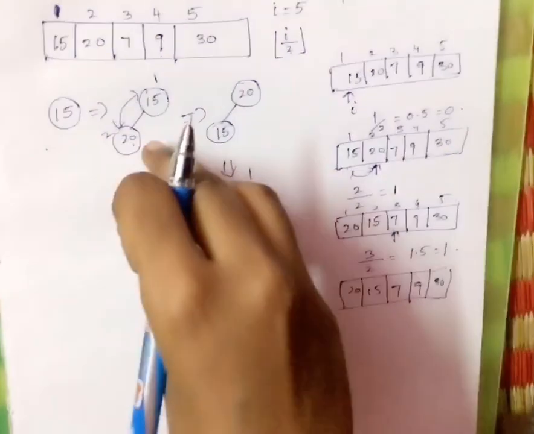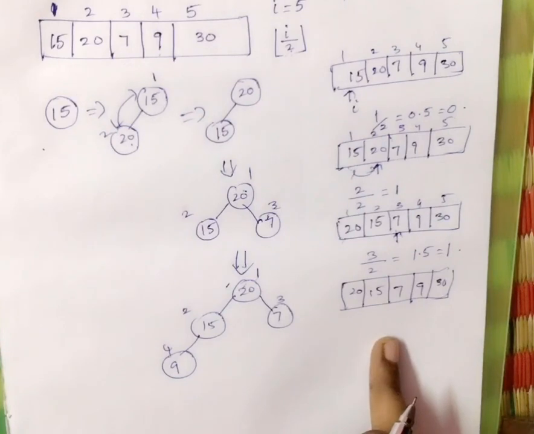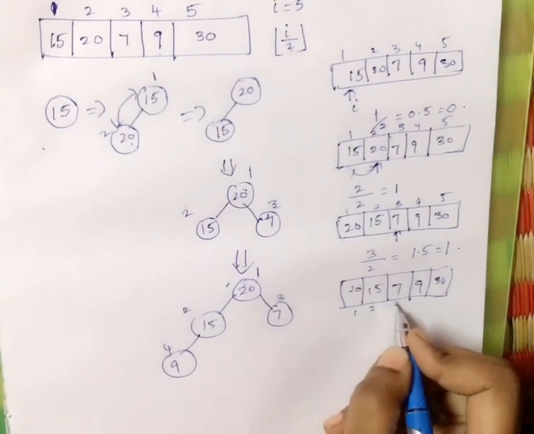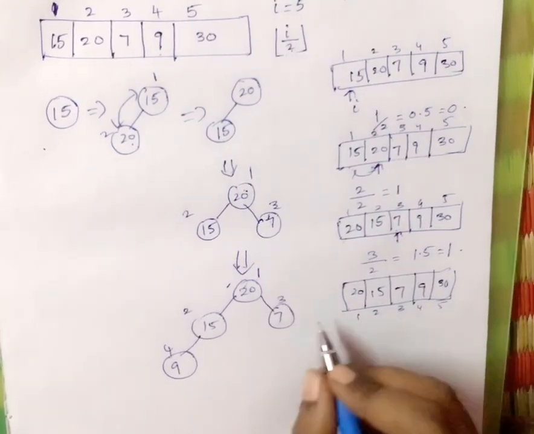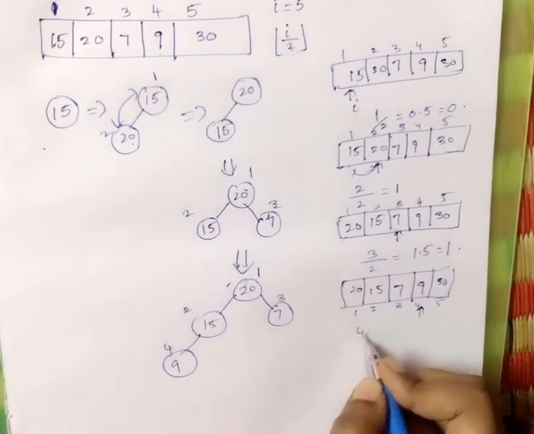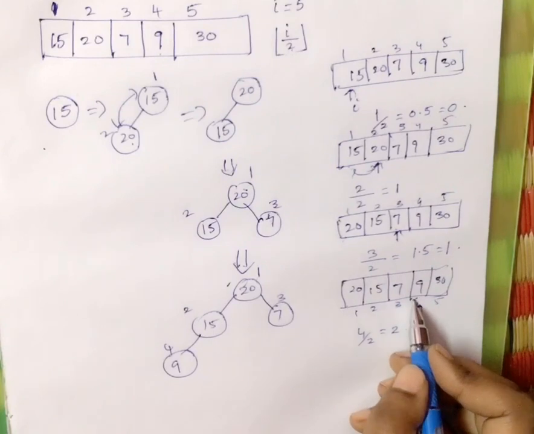So we are representing graphs in this array so that it will be useful for calculating in the program. Here 1, 2, 3, 4 and 5 are the positions. I is now pointing to 4. So 4 divided by 2 is equal to 2. Now I have to check with the element 2.